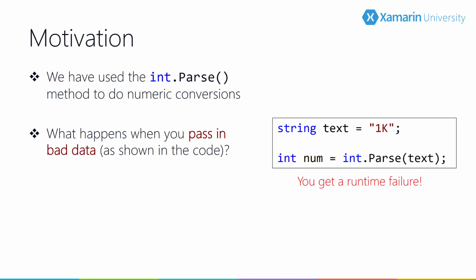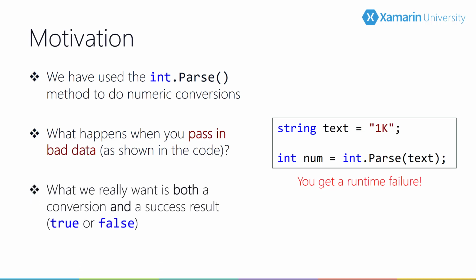So what should we return? In a perfect world, we would like to be able to return two pieces of information here. First, whether or not the conversion was successful, and then the converted value itself. So you can first look at the flag to say, hey, was it successful? And if it is, then look at the value that's coming back to actually use it as the converted value.